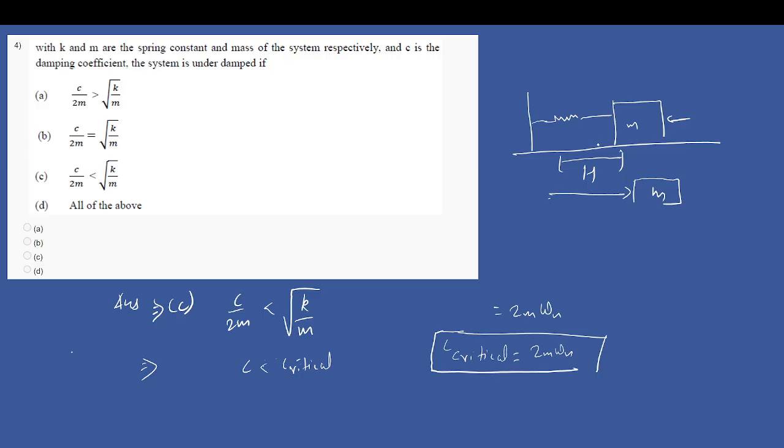But in the realistic or true nature, it is never possible that your system is purely elastic. There will always be some damping available, and for that you will have three cases: the critical damp case, the under damp case, and the over damp case.